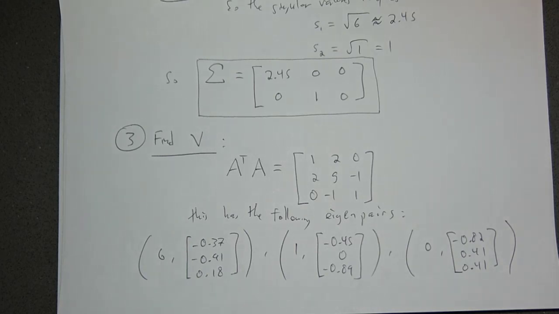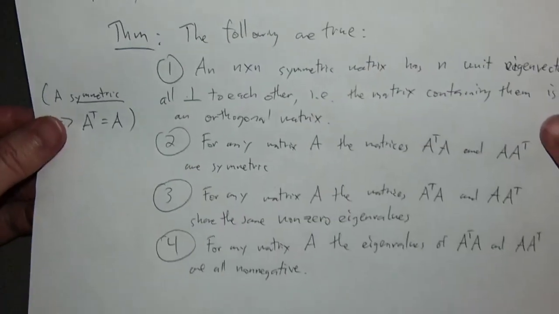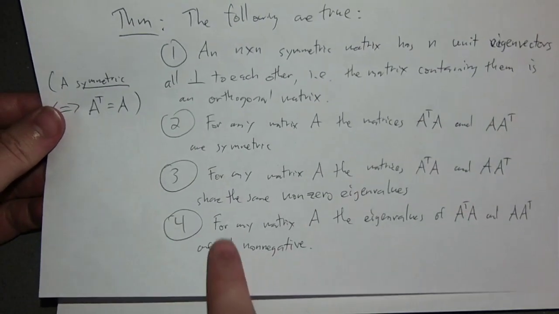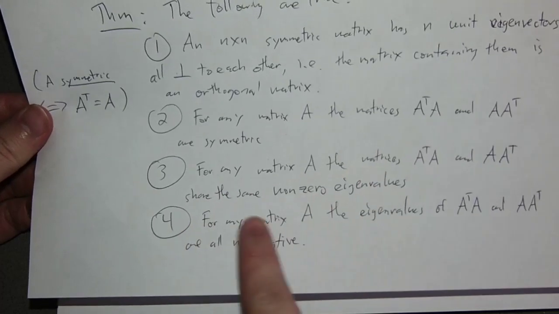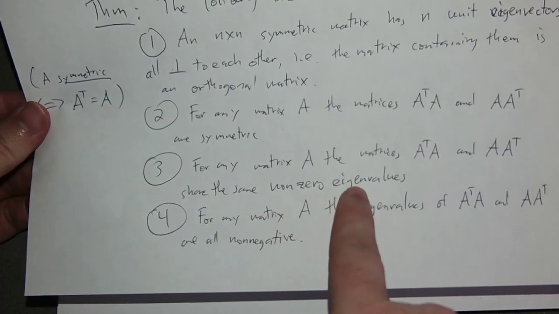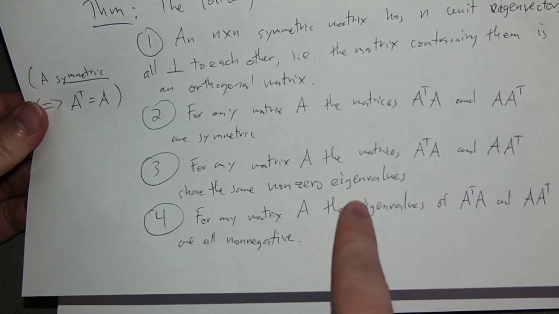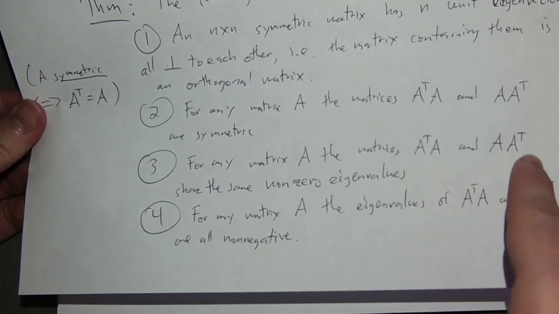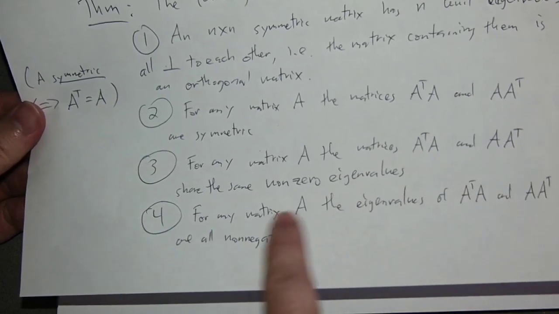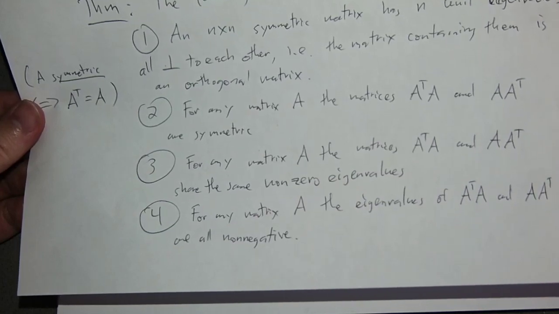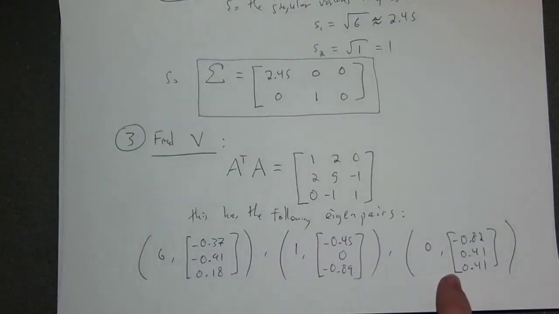So what is the problem here? Well, there's no problem, because in this theorem, we were just told that these things share the same non-zero eigenvalues. So A transpose A or AA transpose may have additional 0 eigenvalues tagged on, as this one does, but they share the same non-zero eigenvalues.